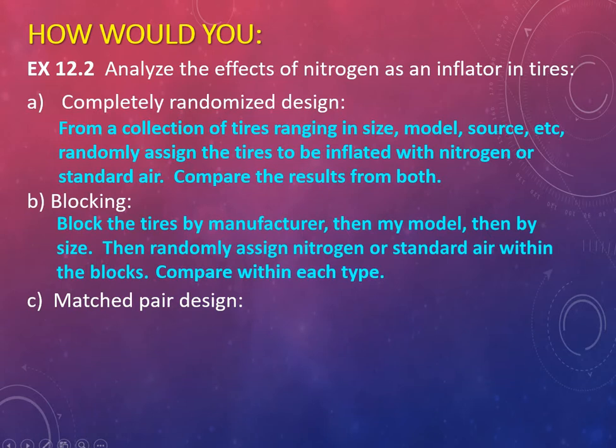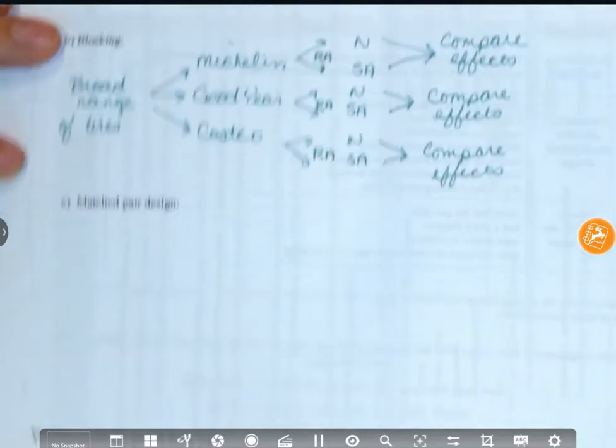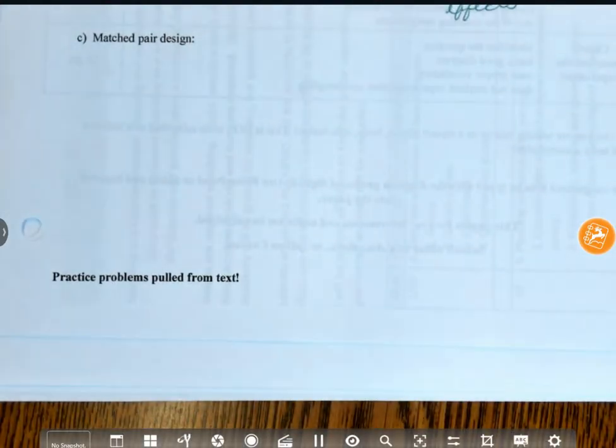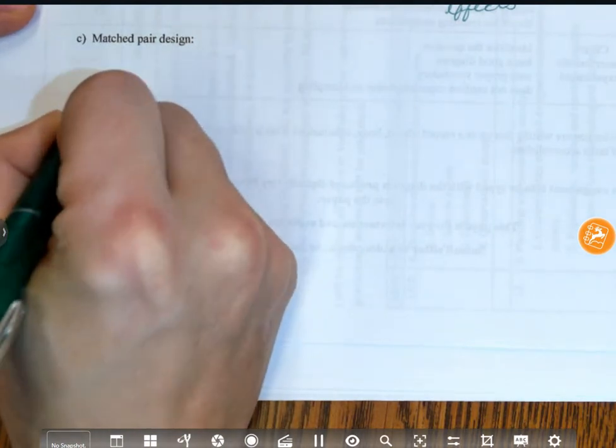Whoops, not what I wanted to do. So if I'm looking at the matched pair design, where's my count? There it is. What I'm going to have this guy do is I'm going to have a broad range of tires.